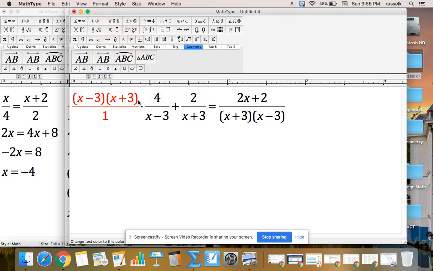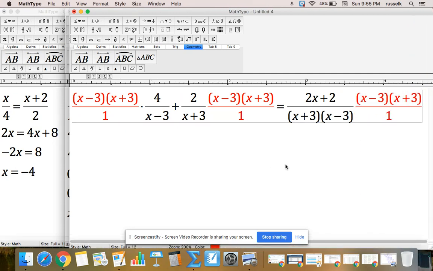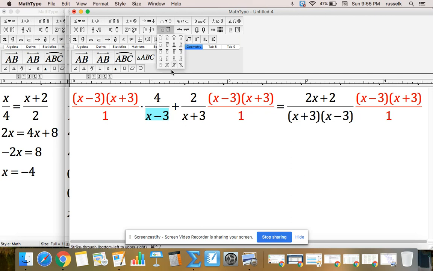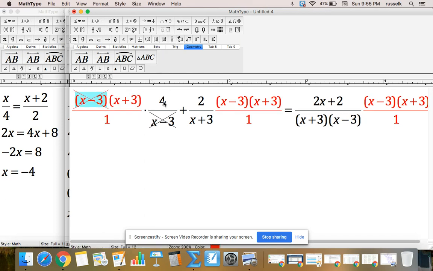As long as we multiply that through by all three parts, that will keep my equation equal. So I simply multiplied all three parts by that same least common denominator. In the first multiplication, the x minus 3's will cancel, leaving me with 4 times x plus 3.